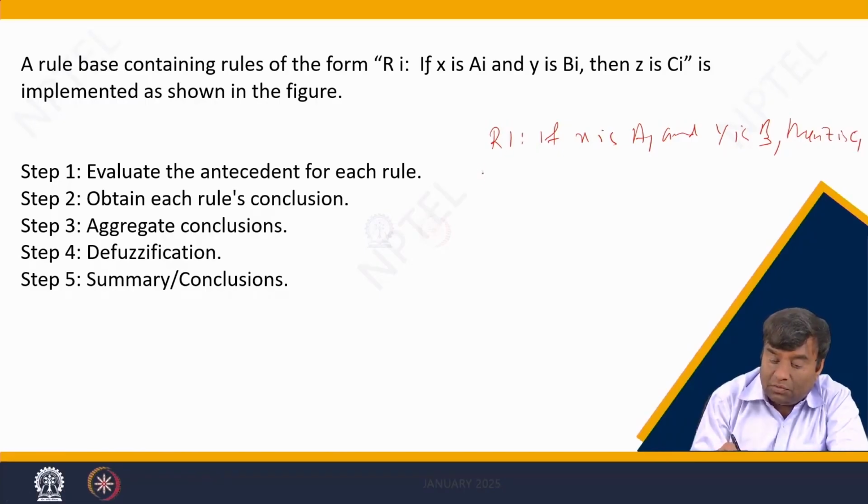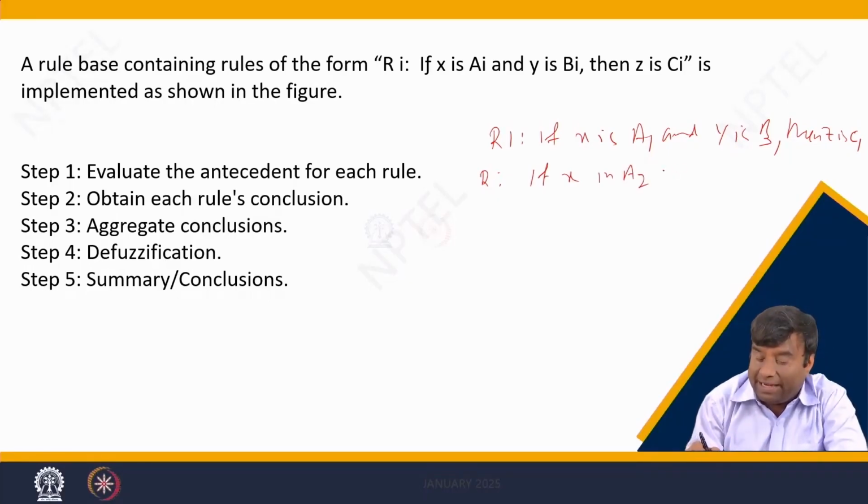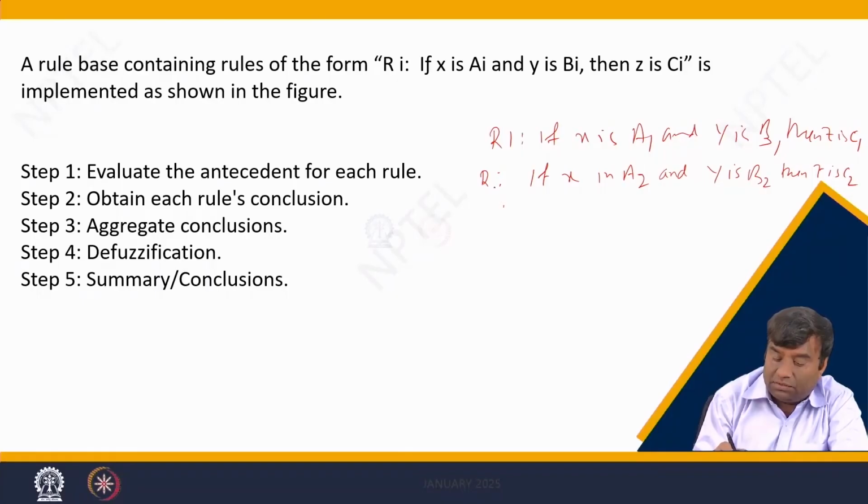Similarly, rule R2 says if x is A2 and, or let it be or, y is B2, then z is C2, and so on. There will be rules up to Rn.